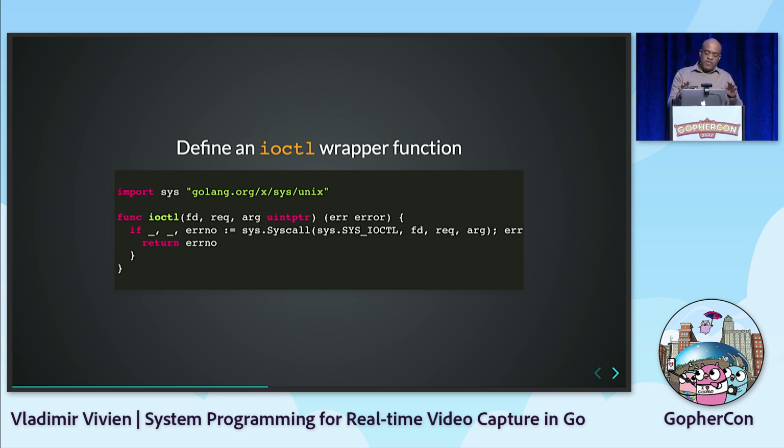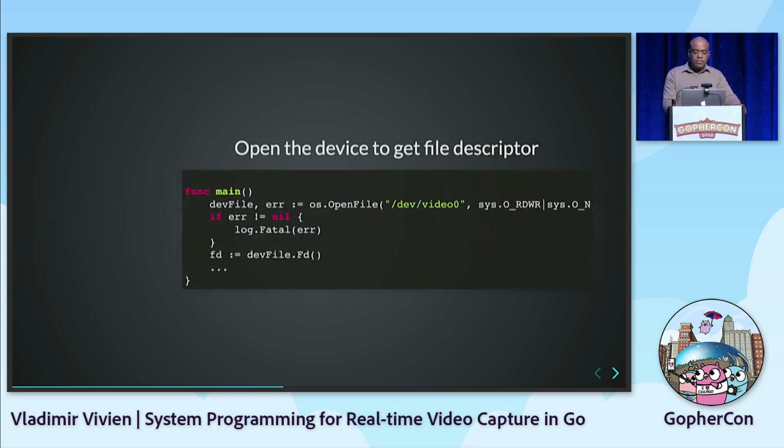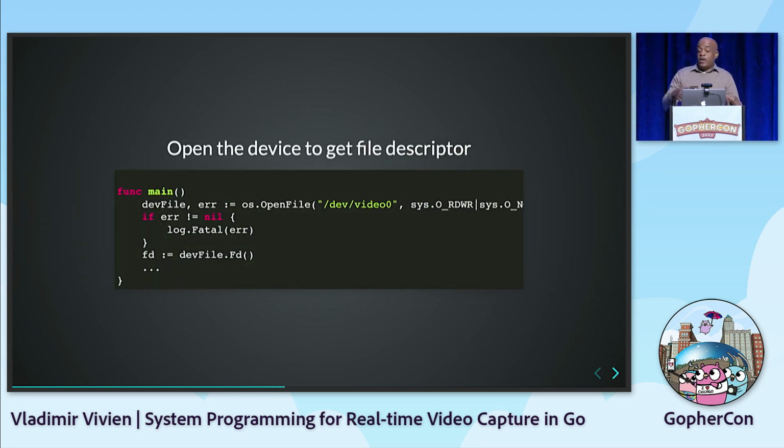Next, since we're going to make a lot of ioctl calls, I'm going to wrap that in a nice function called ioctl so I can reuse it all over the place. Next, we're going to open the device so we can get the file descriptor, because all the subsequent calls will require the file descriptor.